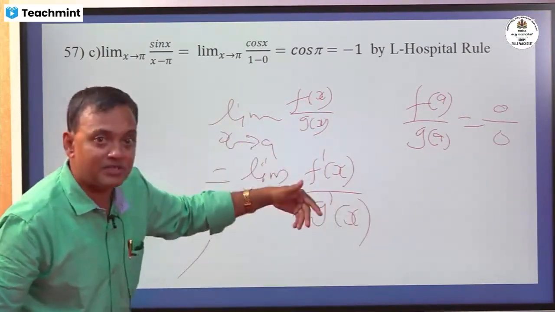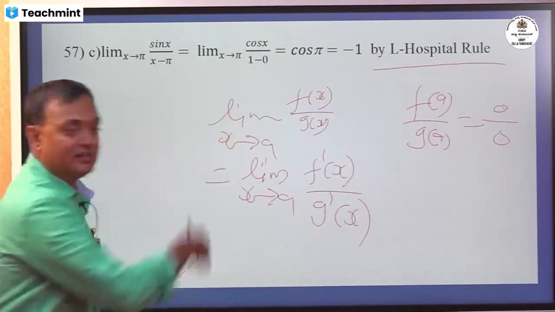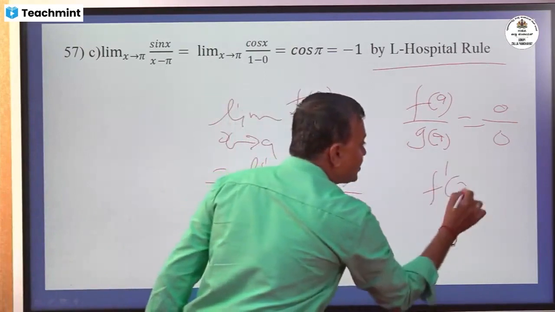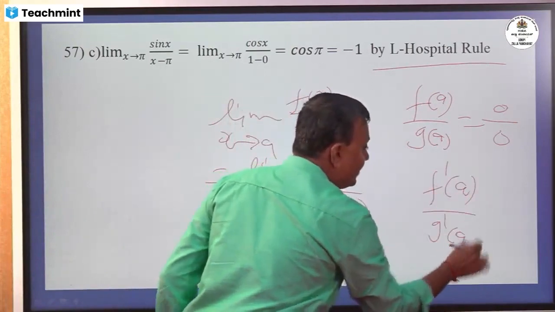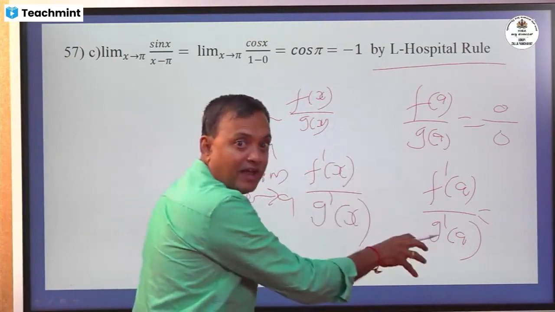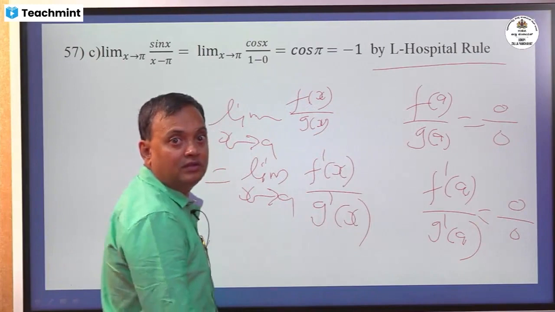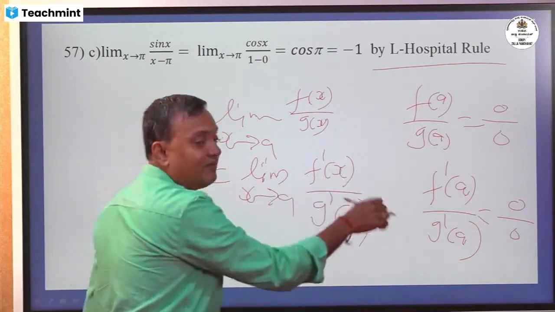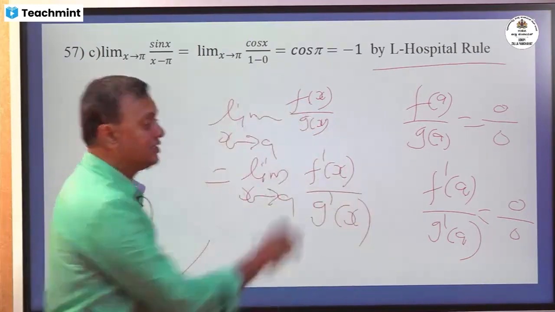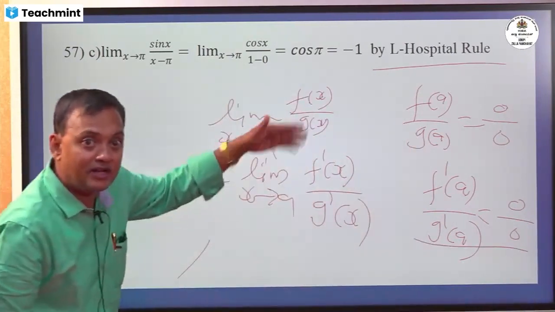That is L'Hospital rule. Then f dash of a by g dash of a, if it is a definite value, not 0 by 0 form, that real value is the limit of the function. Suppose it goes to 0 by 0 form, again differentiate numerator and denominator separately.